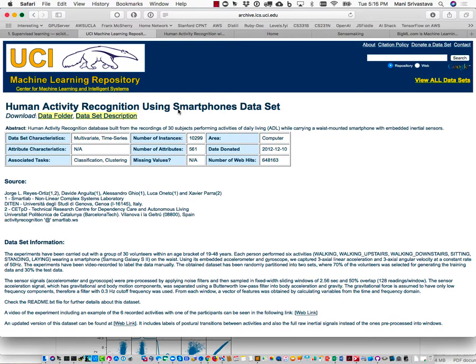So this is basically some research group some years ago collected from 30 human subjects data from the sensors in the phone doing a bunch of different kind of activities that I'm going to describe shortly. And then they have actually pre-processed it into features. So what you download is not the raw sensor data, but actually the feature vectors corresponding to those.